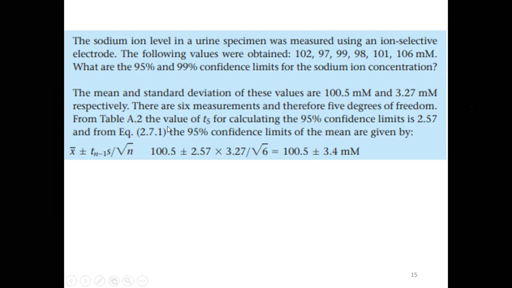From the table, I will show you, the value T5. Here, x bar is the average or mean, and t with n minus 1 means T5. The standard deviation is 3.27 and the square root of n equals the square root of 6, right?